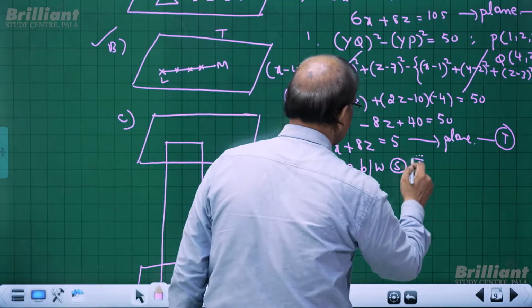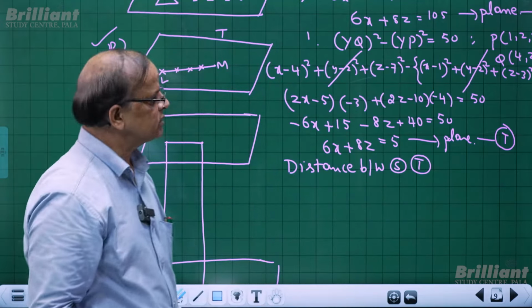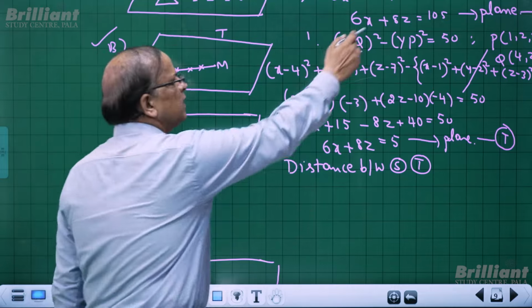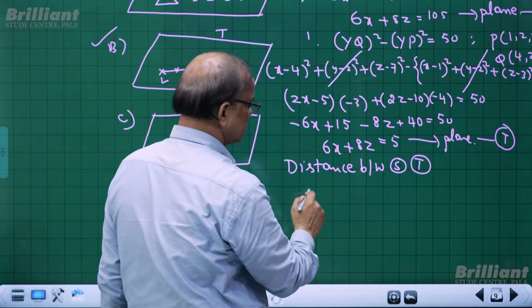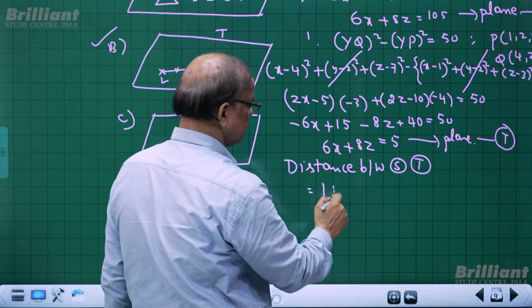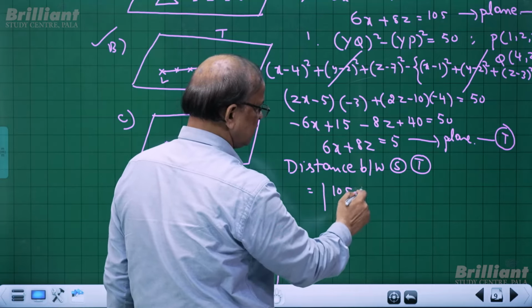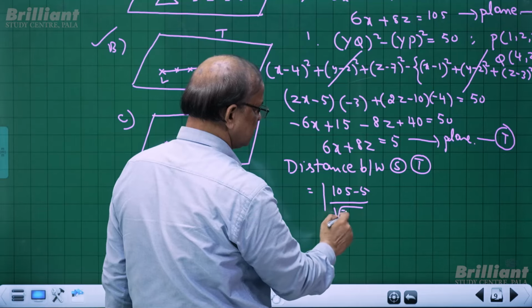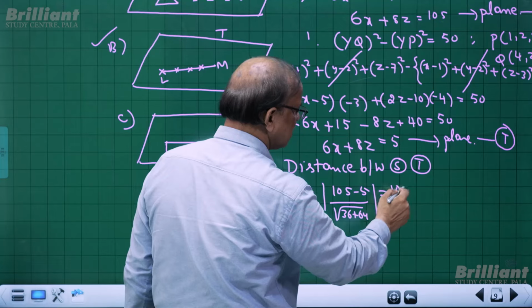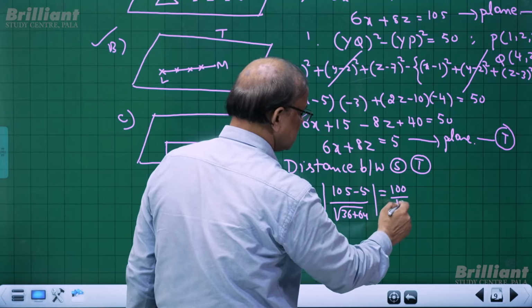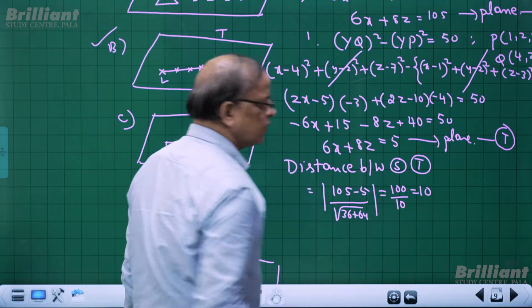Distance between the parallel planes, because they are parallel planes, right, this plane and this plane are parallel. So, that is equal to d1 minus d2, 105 minus 5 by under root of 36 plus 64, that is equal to 100 by 10, that is 10. Okay.